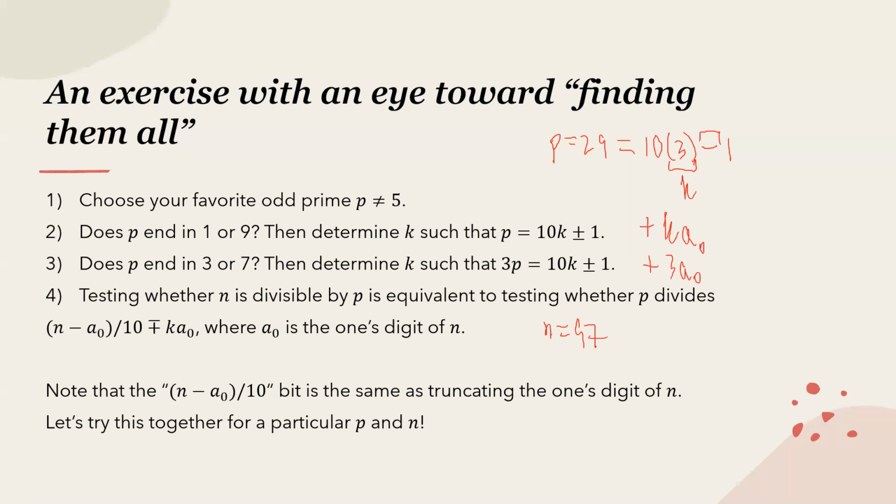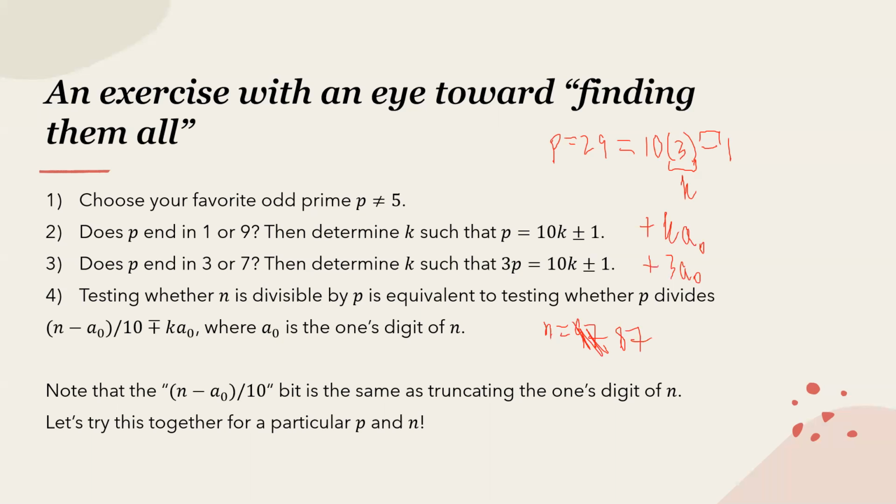Suppose we sat there for a minute and said, I can't tell whether that's divisible by 29 or not. In fact, I don't think it is. 87, sorry. Let's do something that actually works. 87.